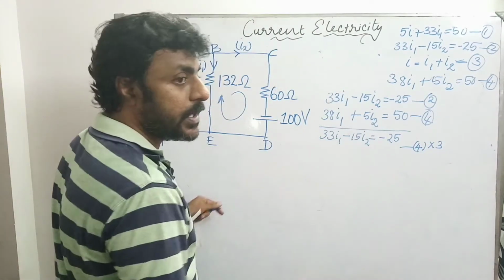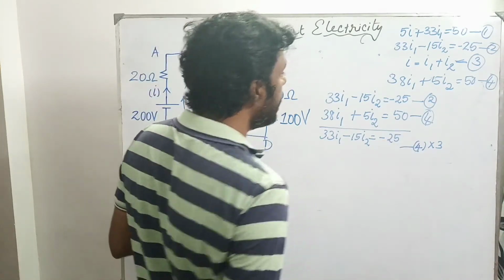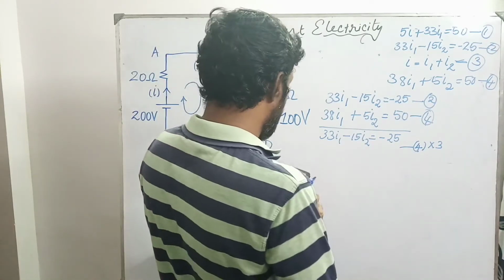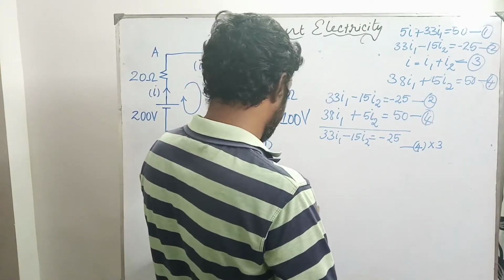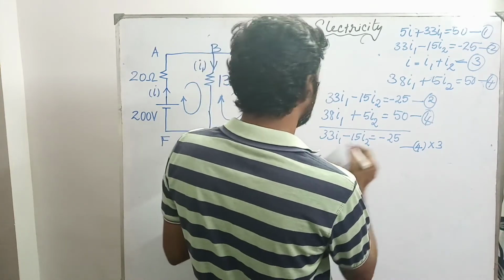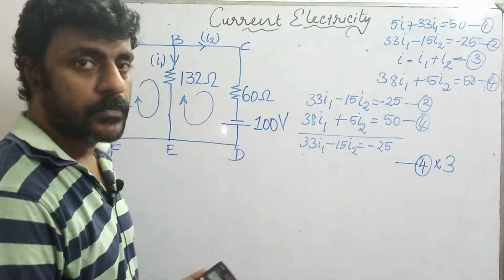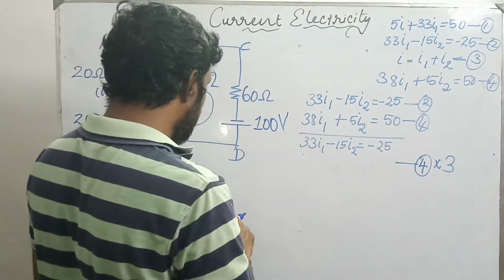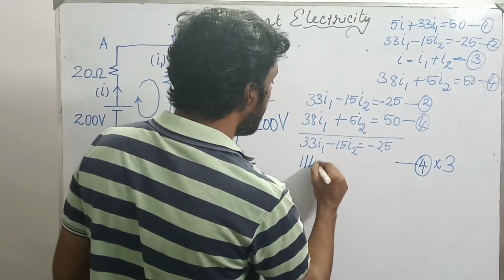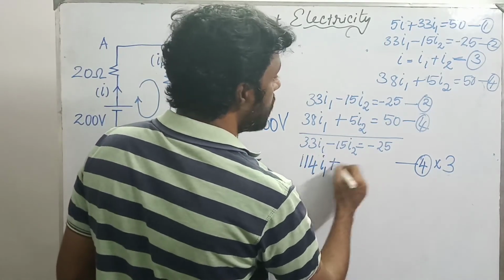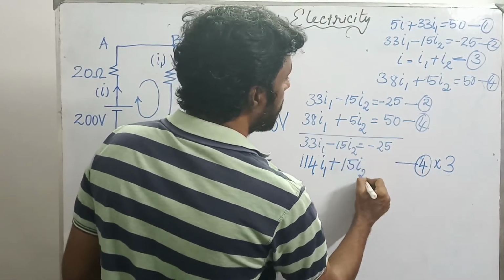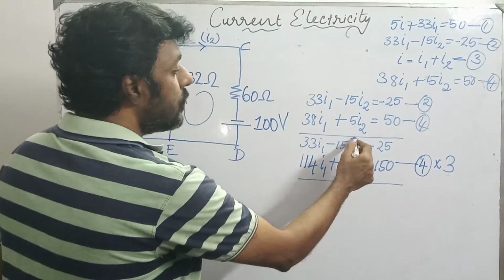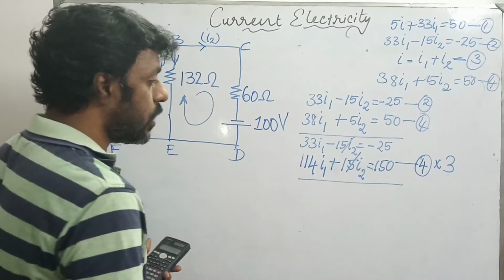When I multiply equation 4 by 3, 38 into 3 is 114, so 114I1 plus 15I2 equal to 150, since 3 fives are 15 and 3 times 50 is 150. So what will happen? 15I2 gets cancelled out.